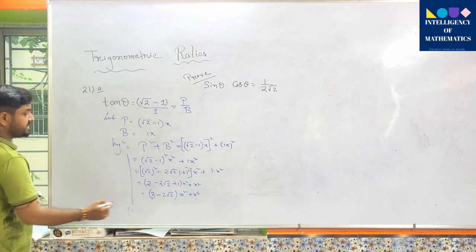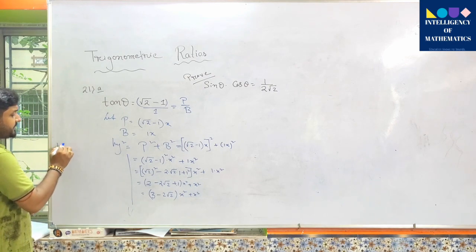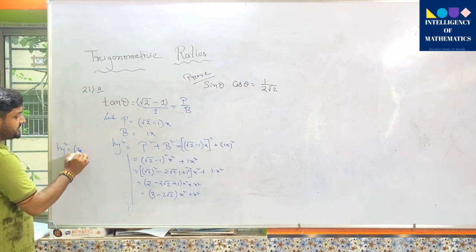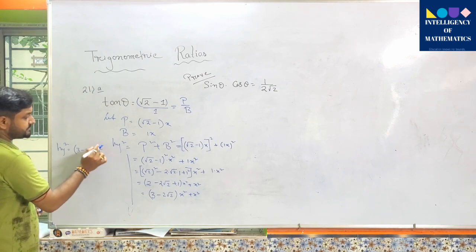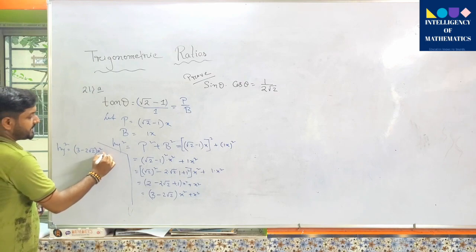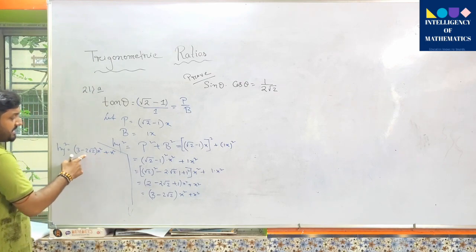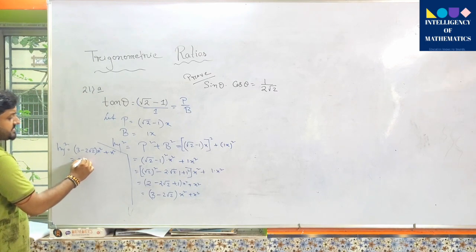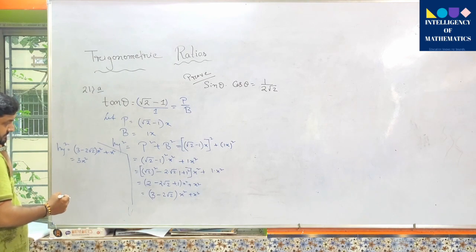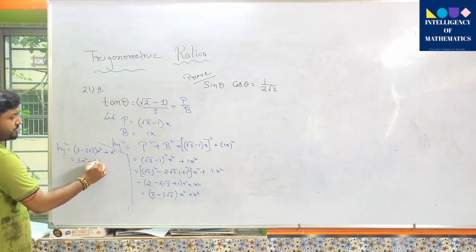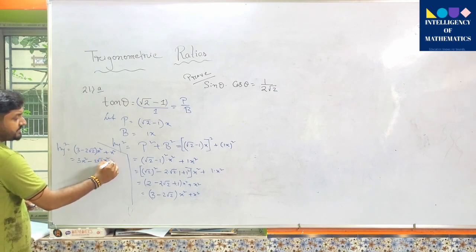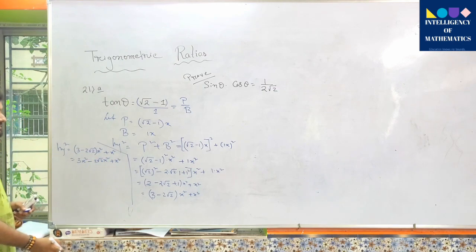In the next line, what we can do? I'm doing the next line here. We got hypotenuse square is equal to 3 minus 2√2 into x square plus x square. So if you multiply this, we'll be getting 3x square minus 2√2x square and plus x square is there.